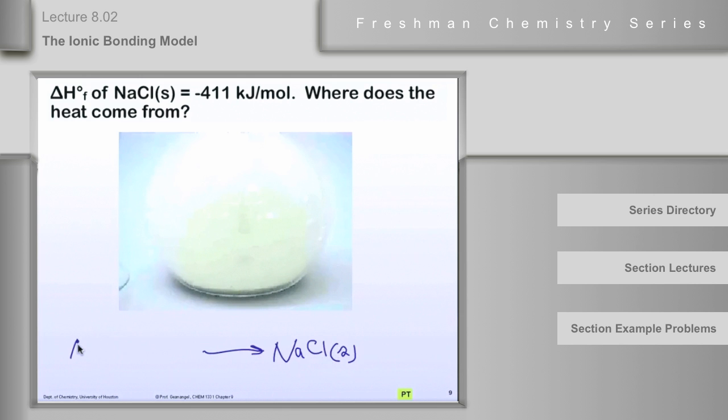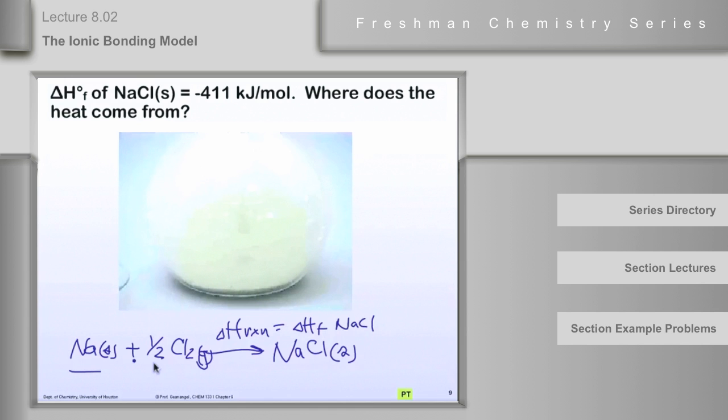So this would be Na, solid, plus chlorine, which comes as a diatomic, and we only need 1 mole of it, not 2 moles. So we're going to choose 1/2 Cl2 gas. And the delta H for this reaction is equal to the delta H of formation of sodium chloride.